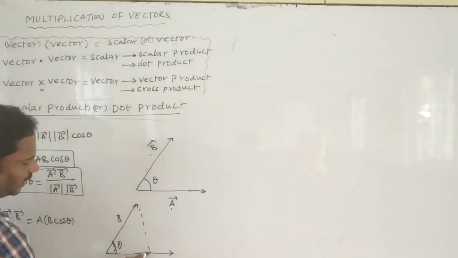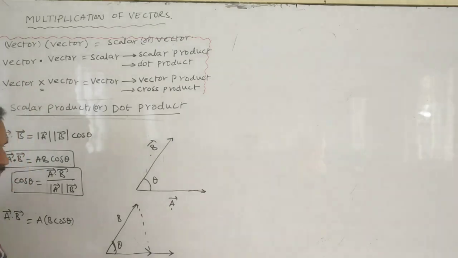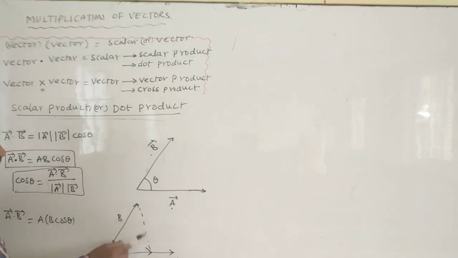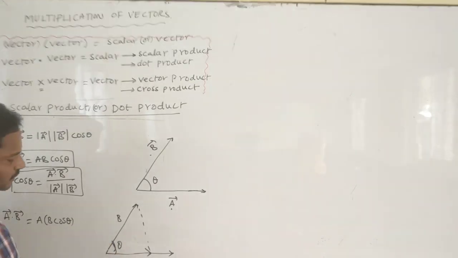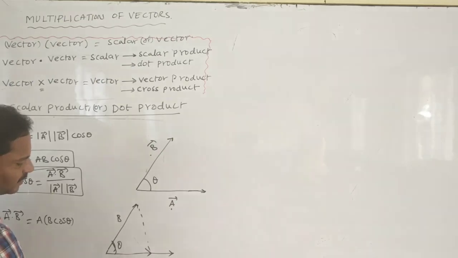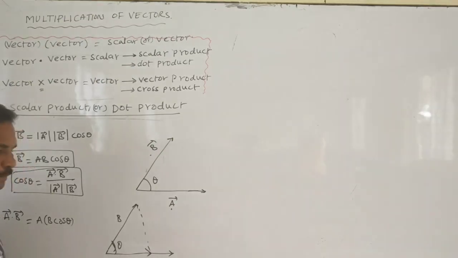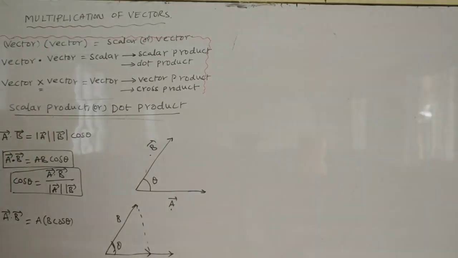We resolve B along A bar. So this is the x-axis, a vector like this. When it is resolving along A, this component becomes B cos theta. Perpendicular component becomes B sin theta. So now it's A times B cos theta.